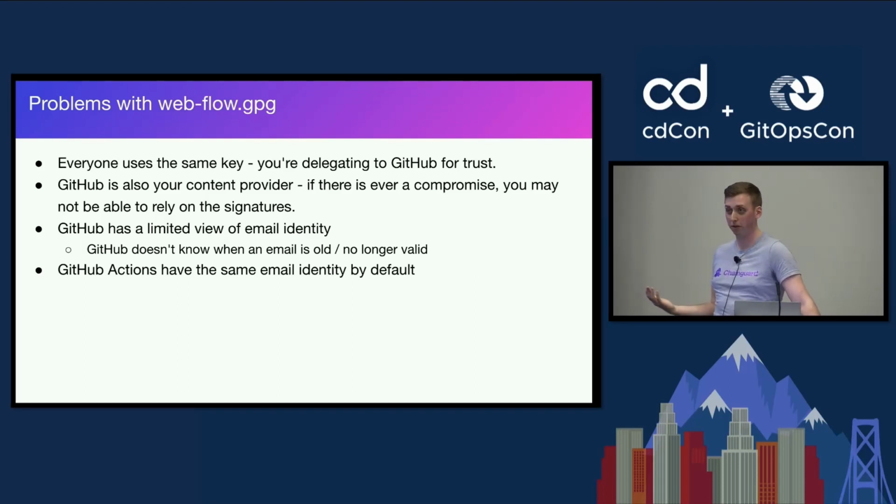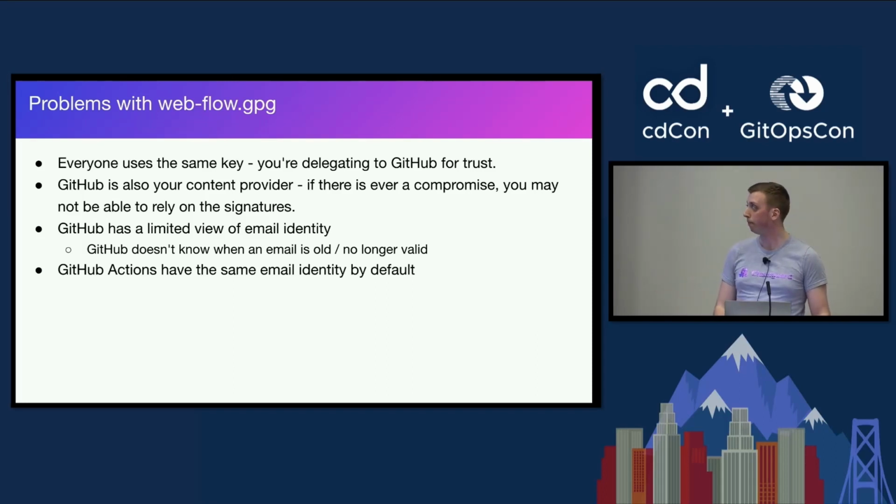GitHub doesn't know I don't work at Google anymore. And there are actually some reasons why you would want that email still associated, because for all of my commits when I was at Google, we still want to be able to verify and check. But there's nothing stopping me from making a commit with my @google.com email, even though I no longer have access to it, and I'll still get that verified checkmark. GitHub has no idea. It just knows that it was verified and associated to my account at some point in time.